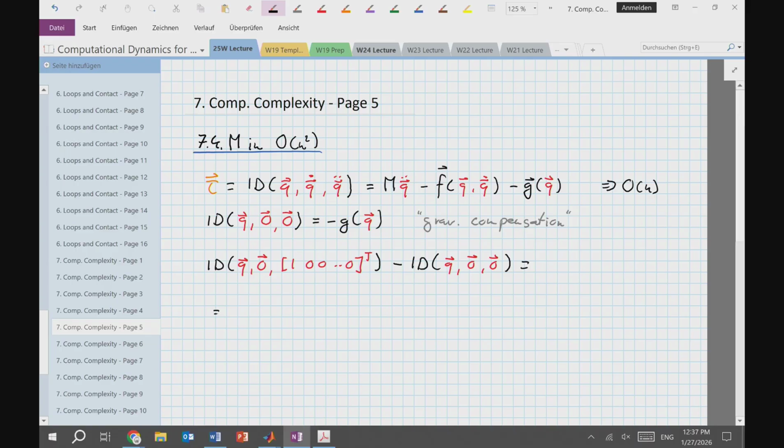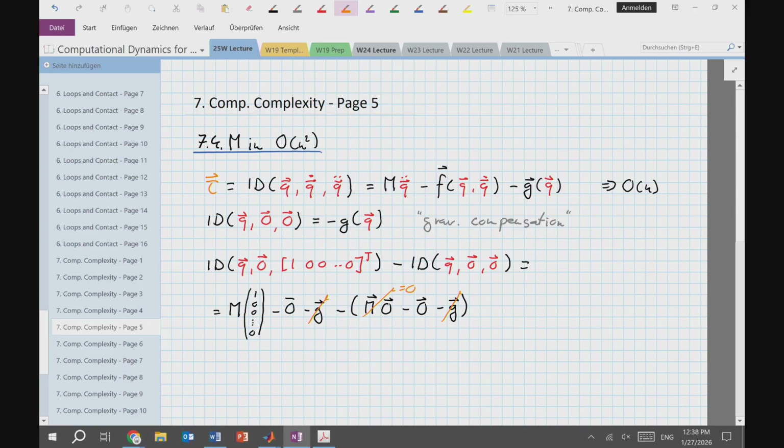The first call will give me m times q double dot, where q double dot is this, minus f. F is 0 because the velocities are 0, so minus 0, minus g. And then I subtract from that minus, and then I have mass matrix times accelerations are 0, minus f is 0, minus gravity. And we see that the gravity terms cancel each other.